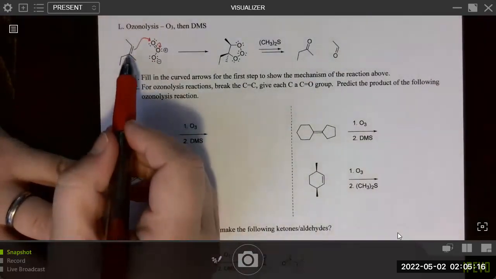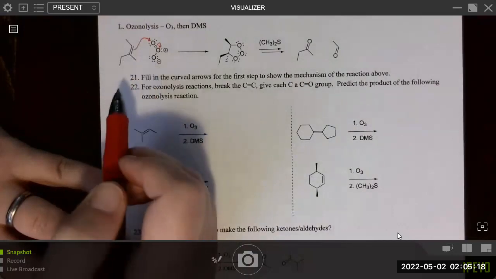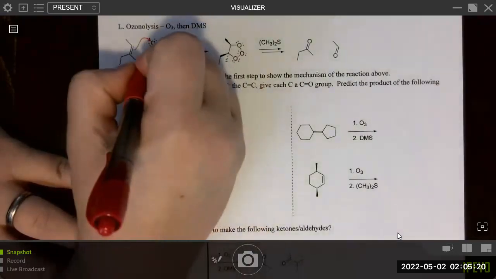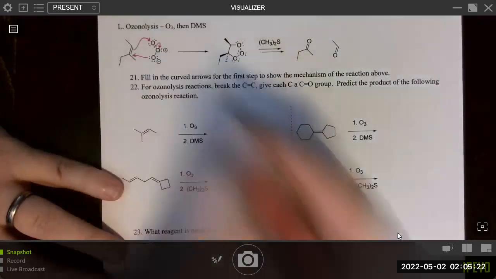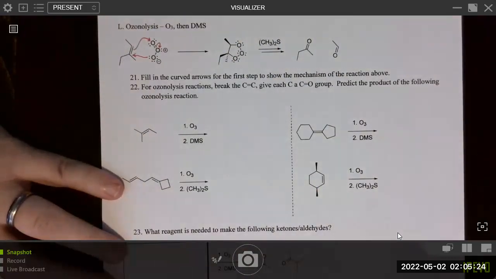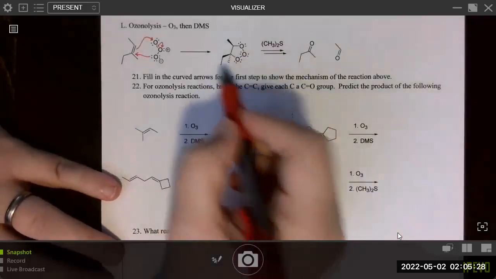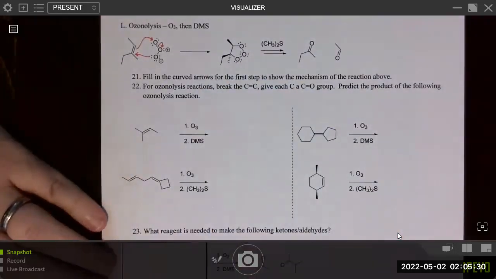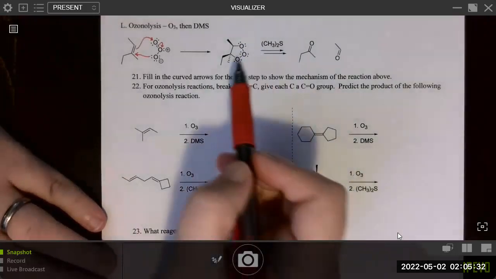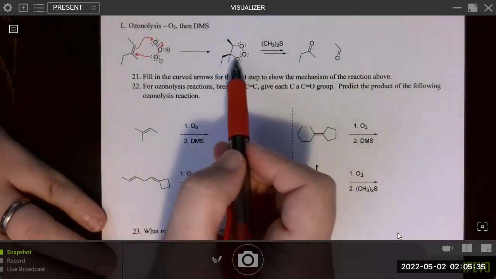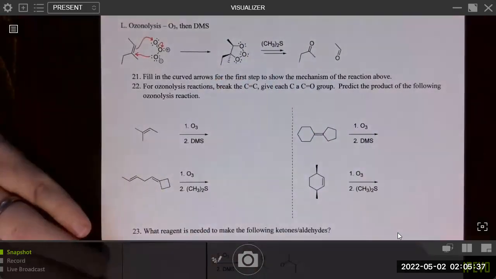Then this would be left positively charged right next to this negatively charged oxygen. That will form a bond simultaneously, right? And so we get our first cyclic ozonide. And then eventually this collapses and we end up with C=O double bonds attached to each carbon.